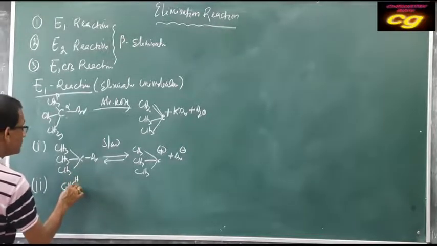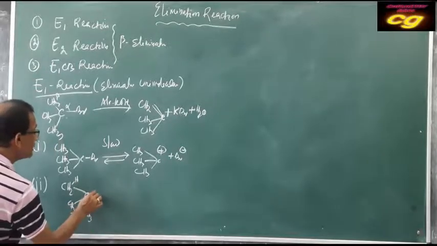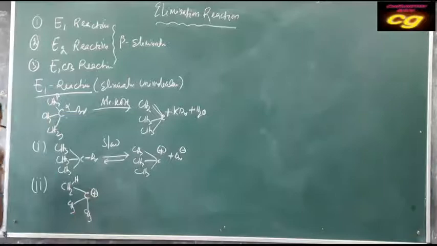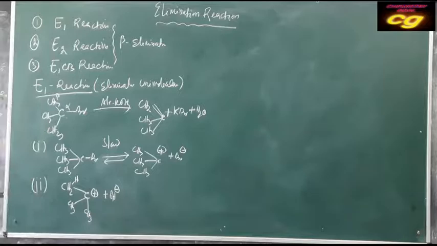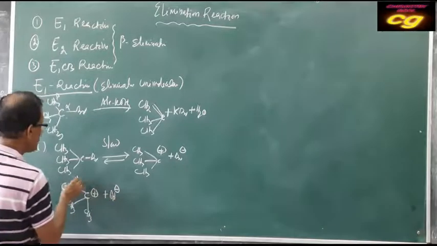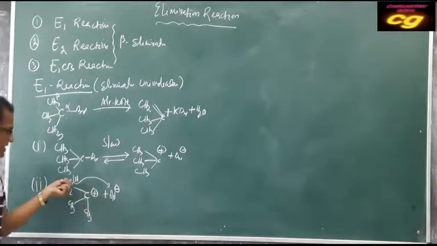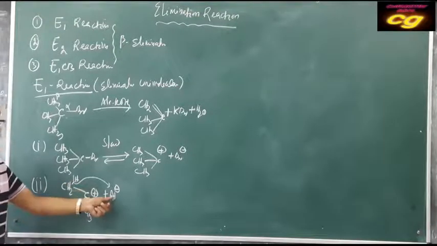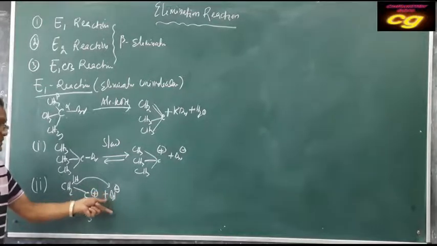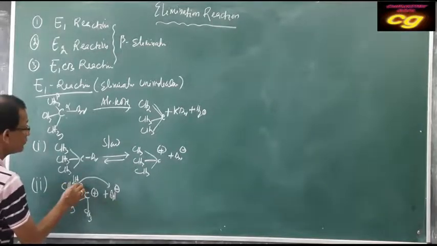This carbocation has hydrogens on the adjacent CH3 groups. When a strong base is present, the base abstracts a proton from the beta carbon. Here the OH minus acts as a base, not a nucleophile, because it is abstracting a proton from the beta carbon, and the bond becomes a double bond.